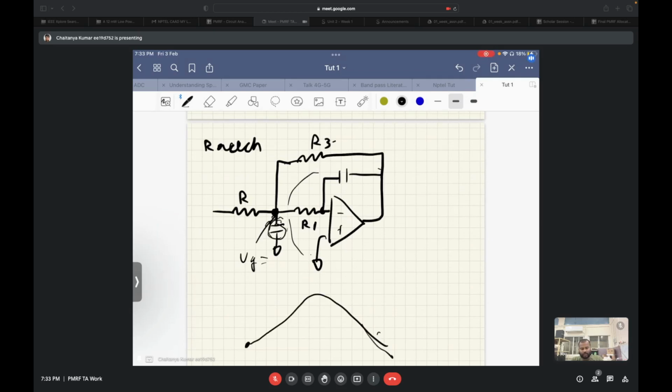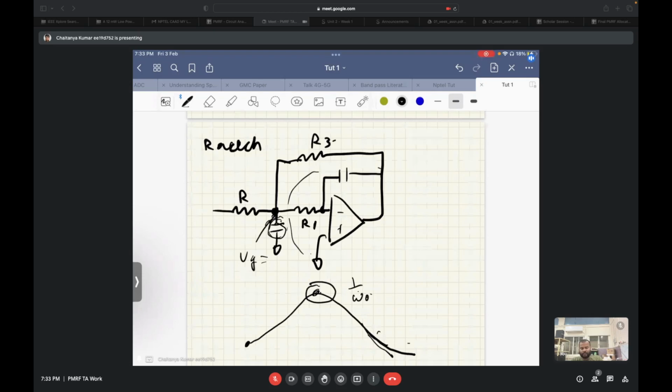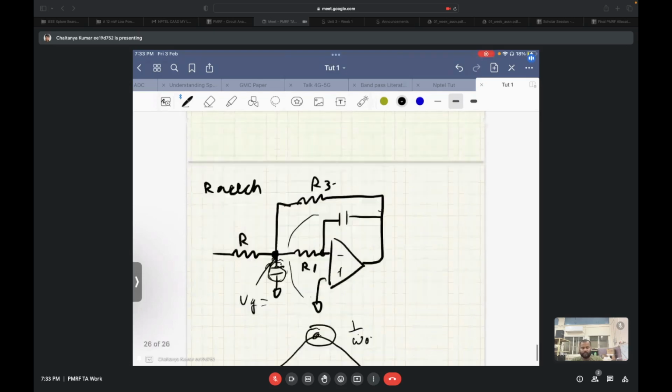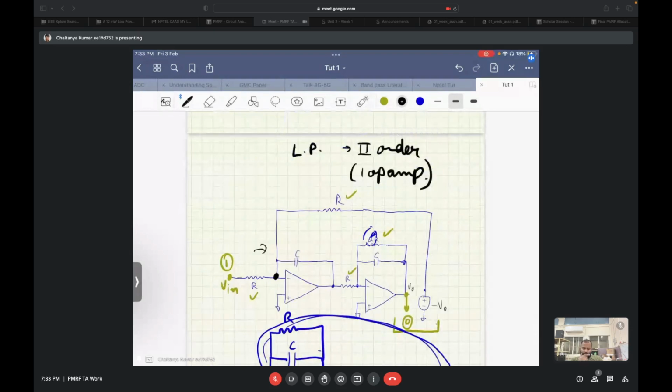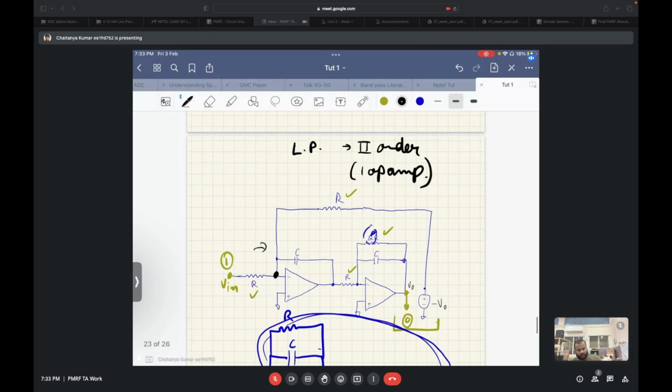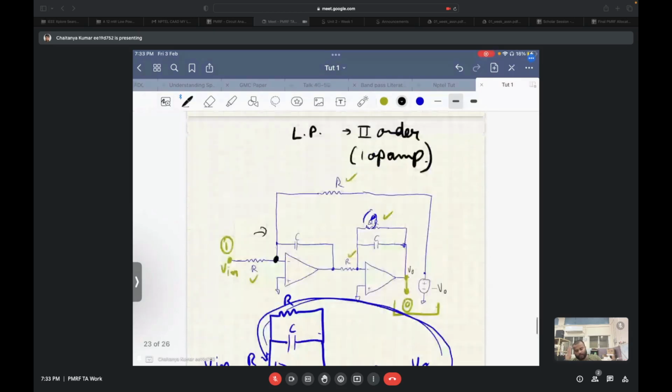At very high frequency, when this capacitor starts becoming a short, again it will be zero, but at some intermediate frequencies, equal to the central frequency of the structure, you will have some amount of peaking in the virtual ground. As far as the two op-amp based structure is concerned, here you have an ideal virtual ground, where you will see no peaking in the virtual ground. This is known as the Tow-Thomas structure.